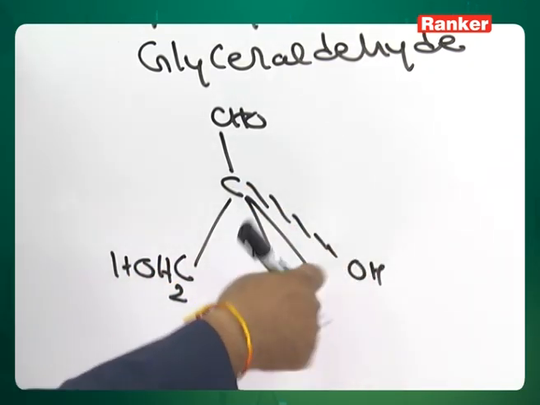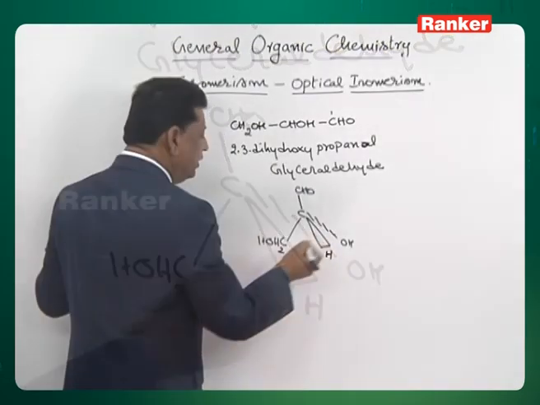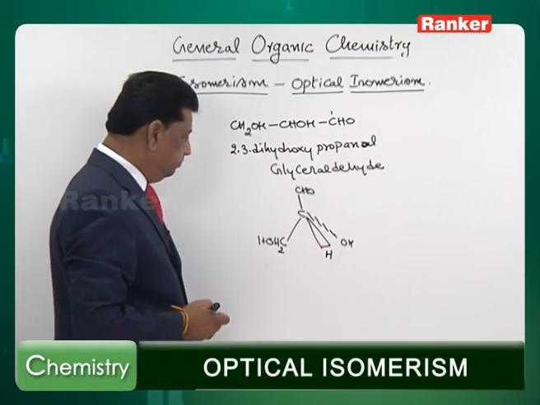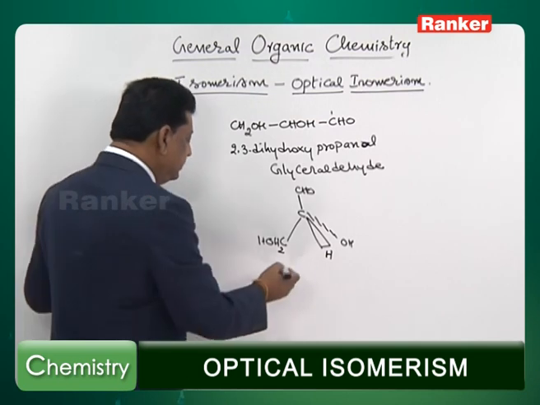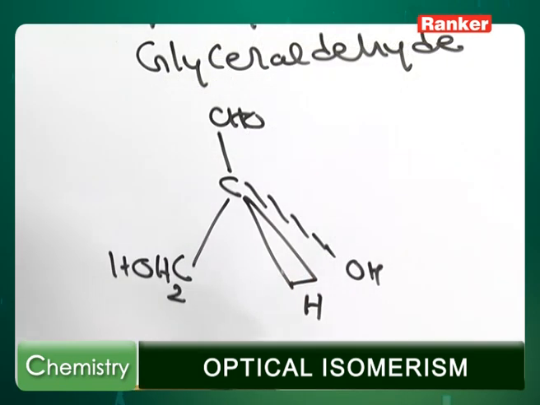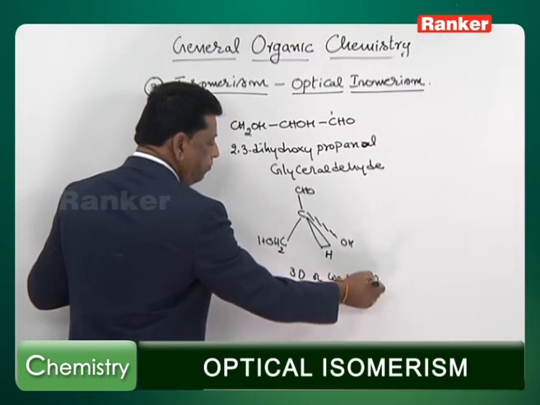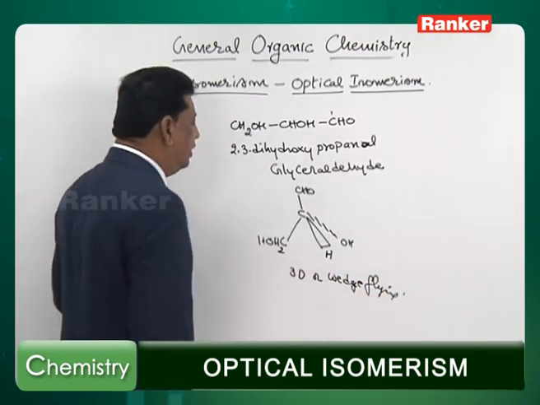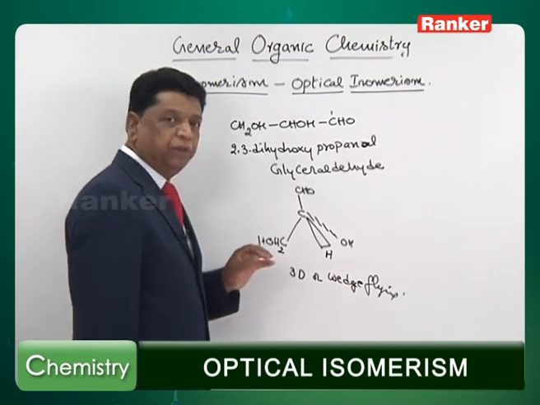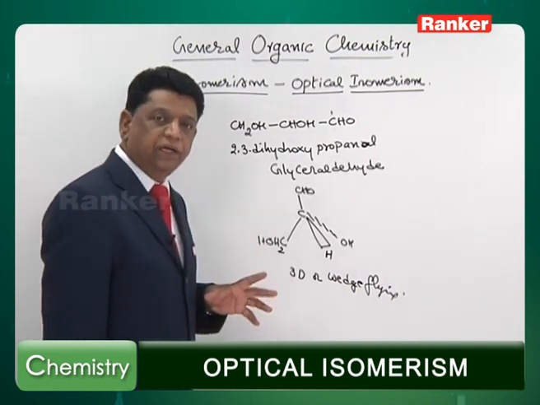Either one you can put OH that side or this side. This is called glyceraldehyde. What model is it? It is the 3D or wedge flying model. Now, as I was discussing, by seeing the compound, can you guess the optical activity?